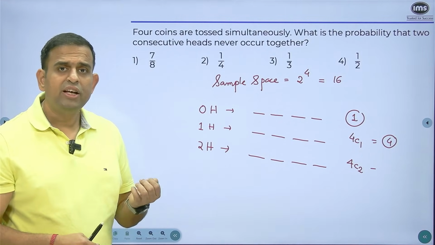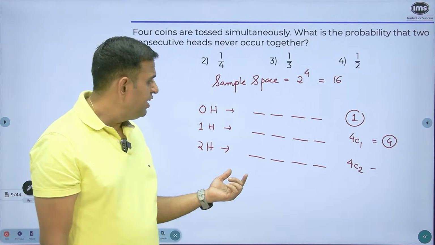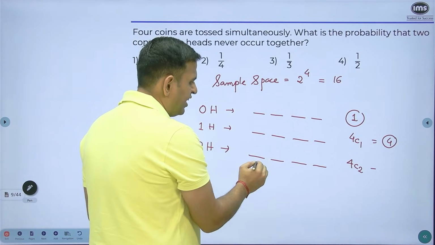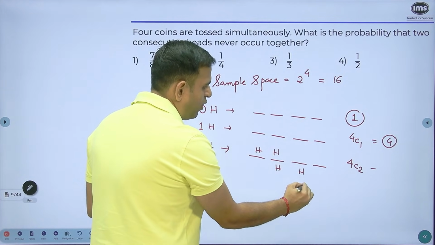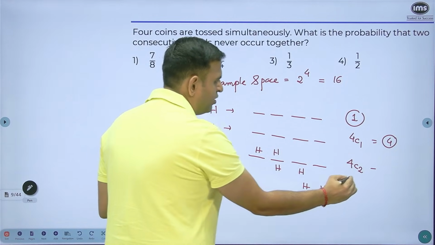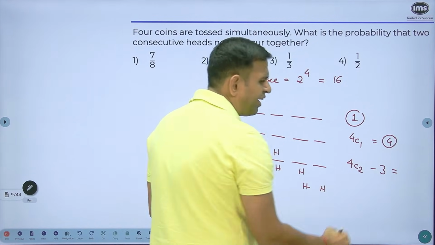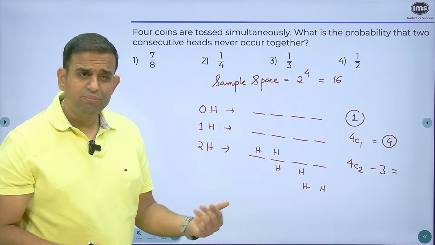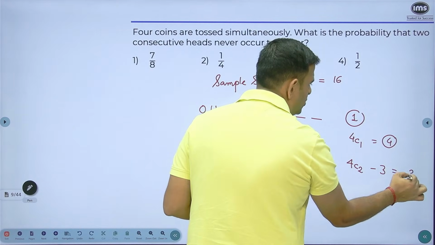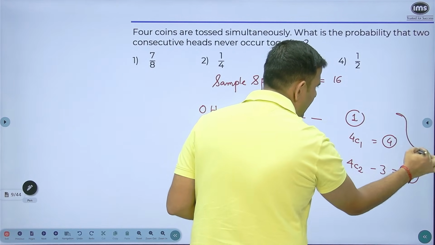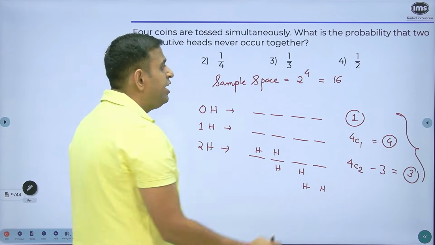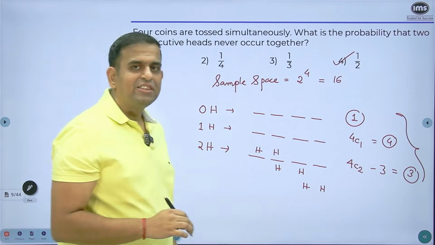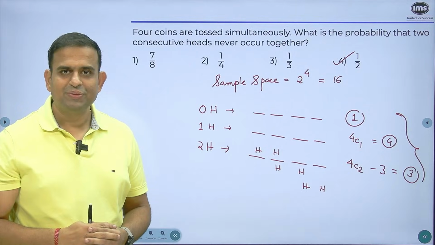The two heads will take consecutive slots in three ways: 1 and 2, HH, second and third, or possibly third and fourth. So I will do 4C2 minus 3, coming out to be 6 minus 3, giving you 3. So the total favorable cases still come out to be 8 out of 16, leading to half as the required probability for the given question.